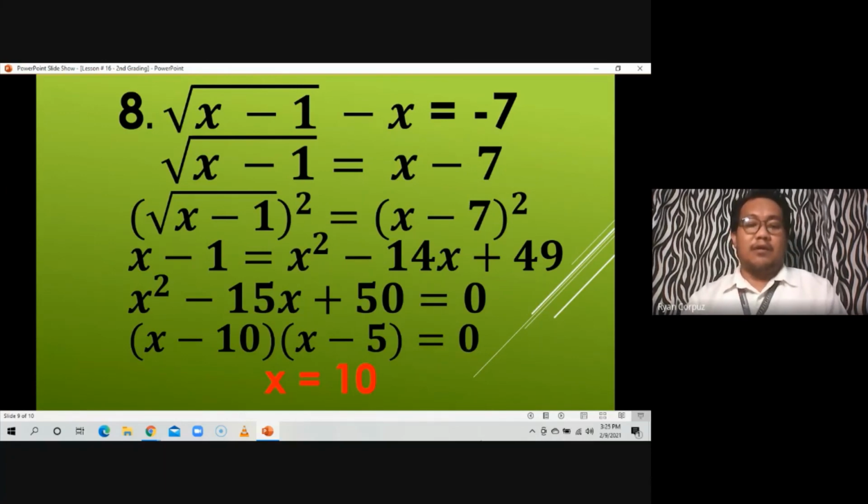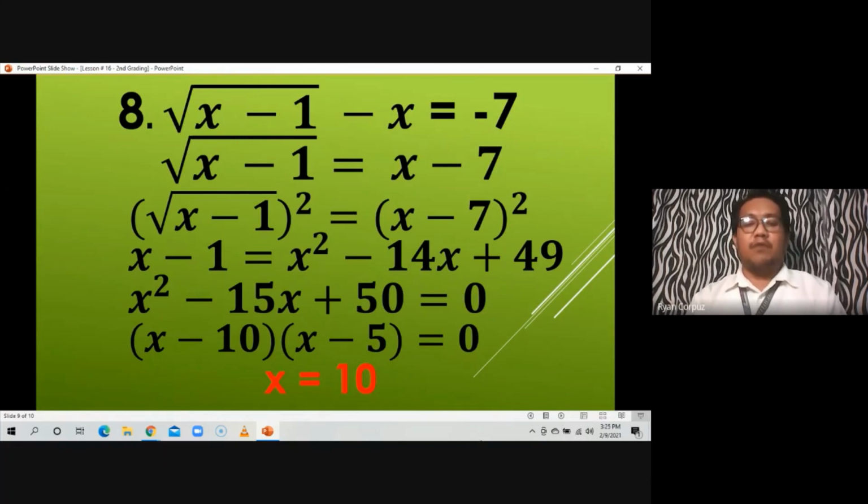So even though we are solving the quadratic equation na po tayo ng dalawang values for x, only one value of x there satisfies the given radical equation. So that's why ang answer natin sa number 8 ay x is equal to 10. Because x is equal to 5 is an extraneous. So that's how we answer example number 8.